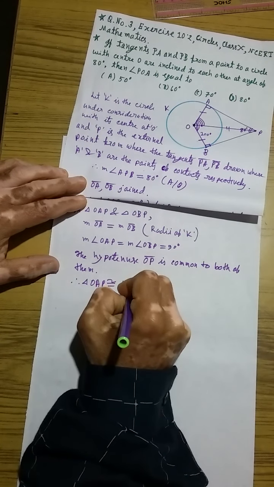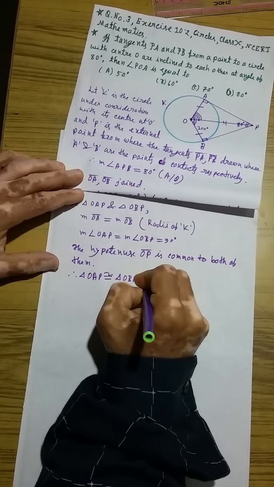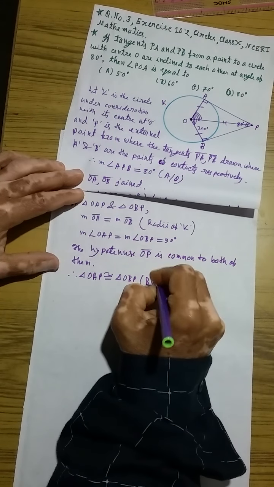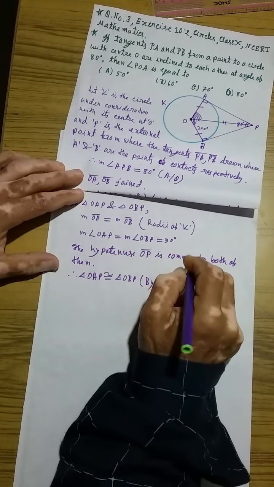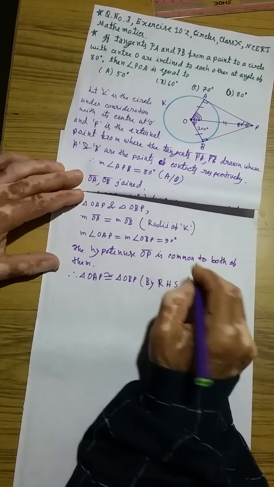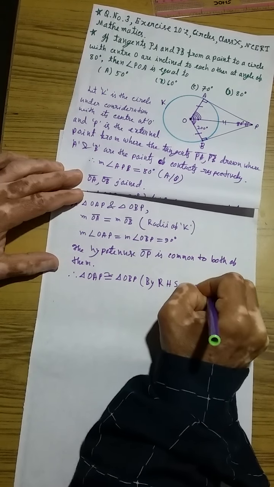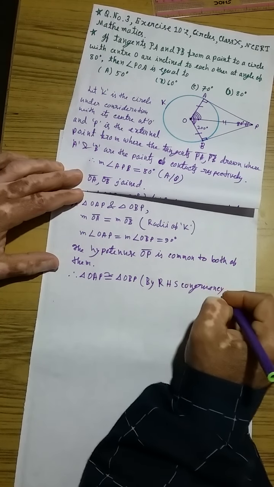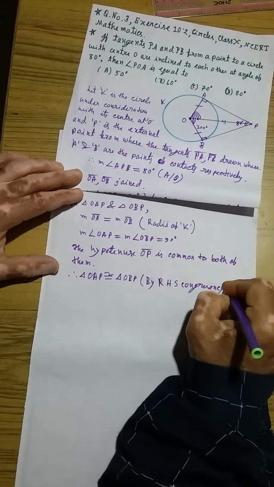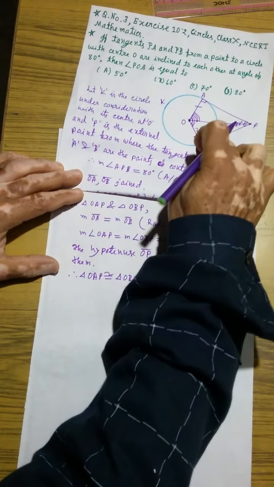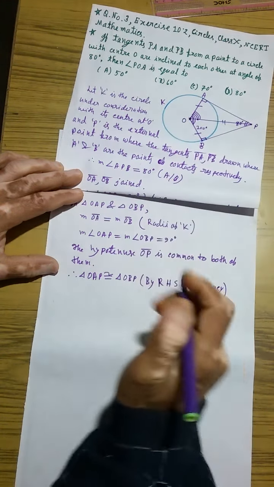Within bracket write: by RHS congruency, that is right angle, hypotenuse and side congruency.